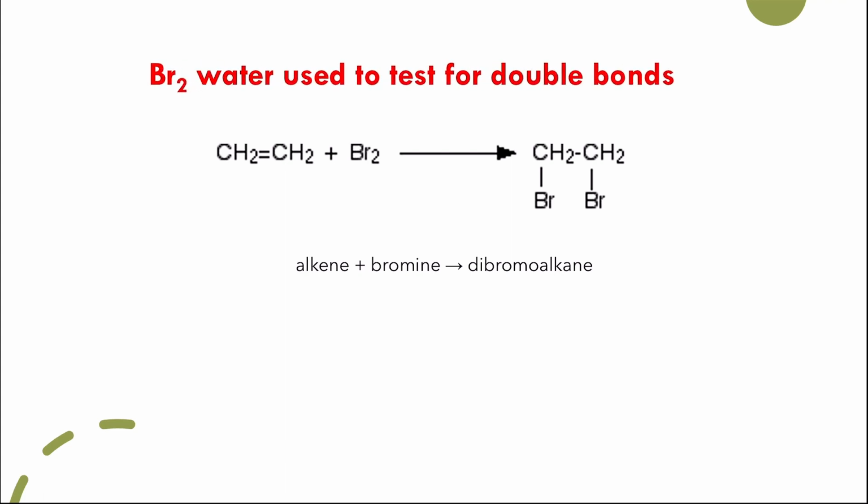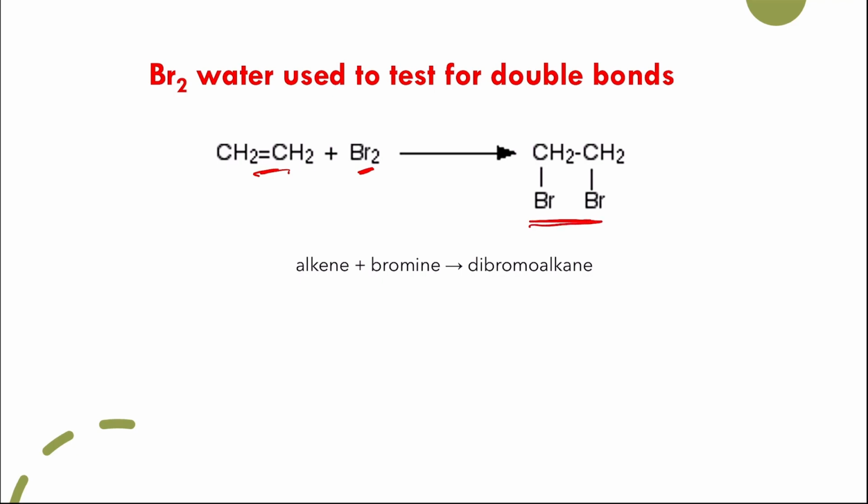Bromine water is used to test for double bonds. This is because bromine water is orange in color due to the presence of bromine. If you have a sample with an alkene and you add a few drops of bromine water and shake, then the bromine will react with the double bond to give 1,2-dibromoalkane.